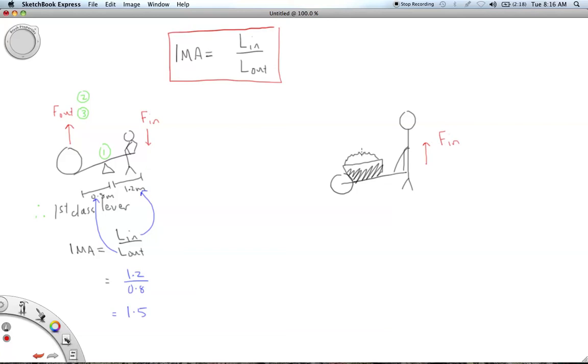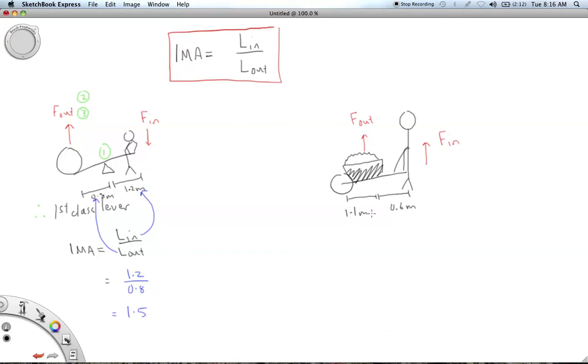What's the output? Let's assume the output is right here, the center of this mass. And let's add some dimensions. Let's say from you to the output force is 0.6 meters. And let's say from you to the wheel would be 1.1 meters.